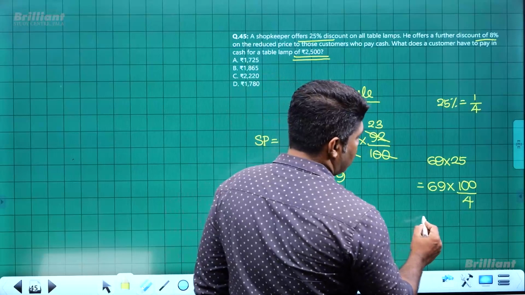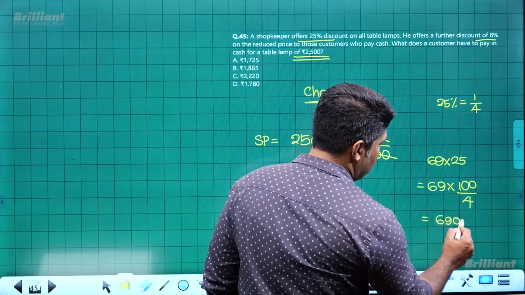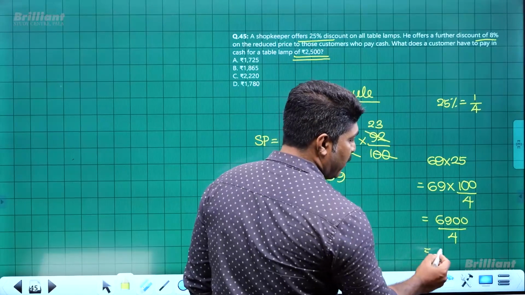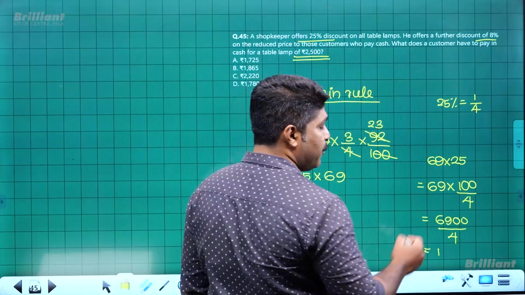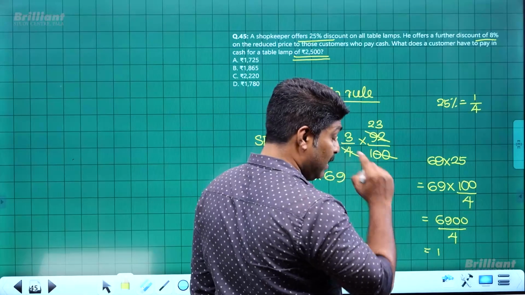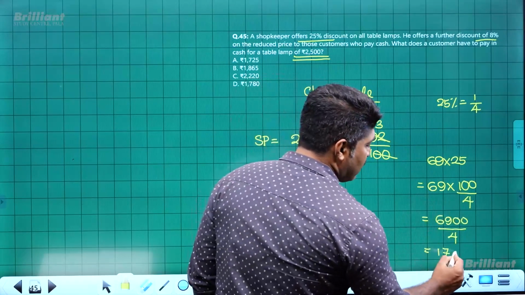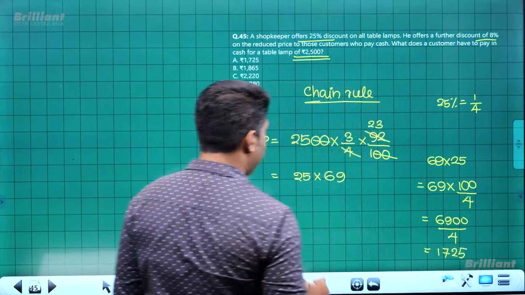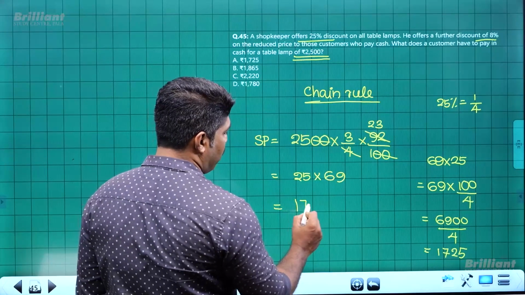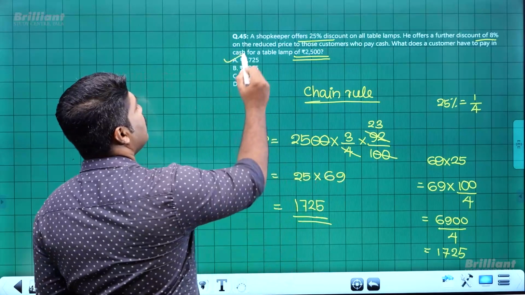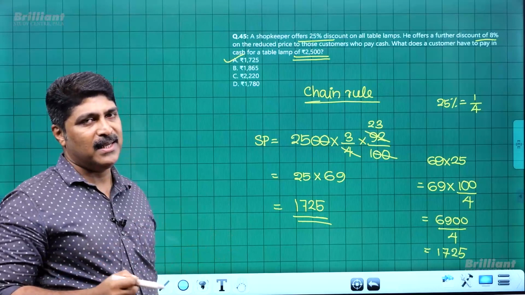Or otherwise, you can do it like this, 6,900 by 4. So here we know that 1 time 4 is there. 29 is there. So that is 7 times 4, 28 is there. 100 is there, that is 25. So the answer is rupees 1725. Or you just do the direct multiplication here, that's it.